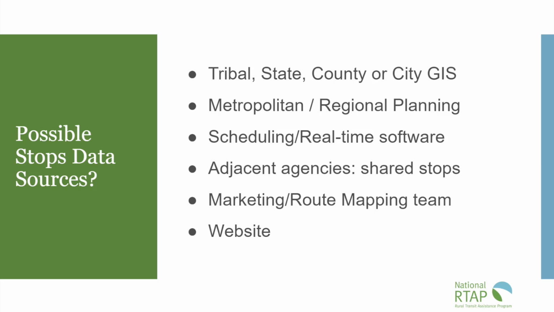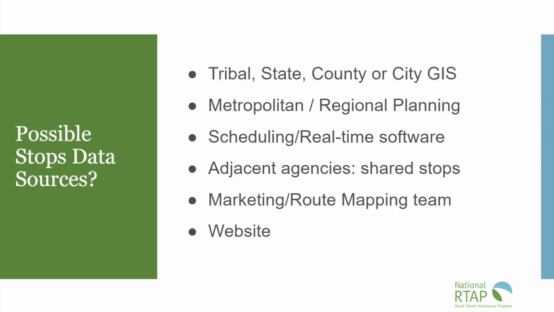Automated vehicle location software may have your stop locations. Adjacent agencies may have some shared stops. A marketing department may have prepared a map. Ask around. I've been surprised that sometimes I find the stop information on the website, even if the person generating an NTD report didn't know to look there.